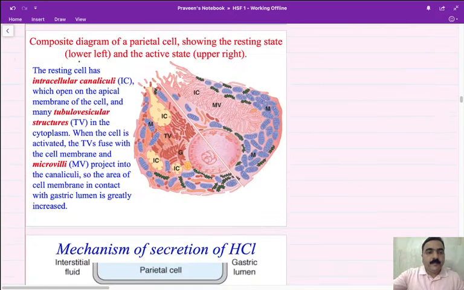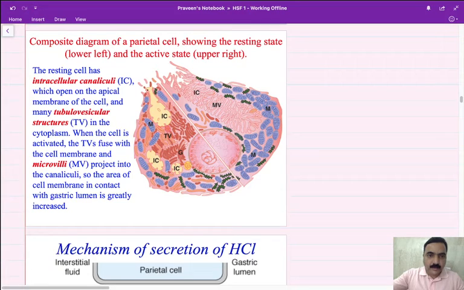In this slide we are going to see the different states of the parietal cell, active versus inactive, in which you can see the surface area changing for the intracellular canaliculi.